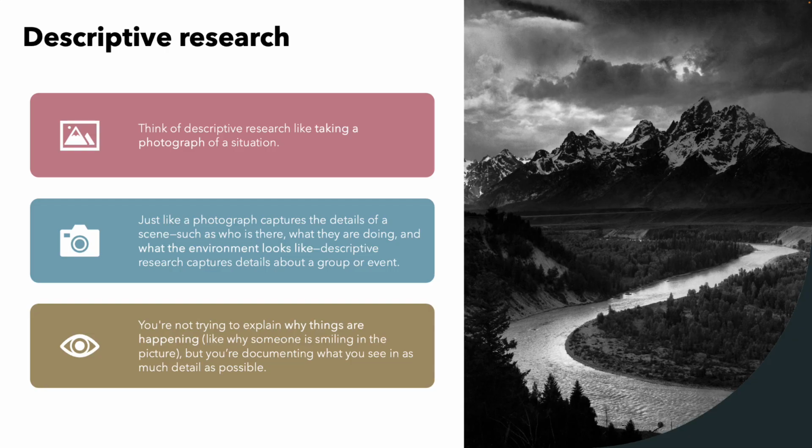But if you wanted to take this picture and turn it into an experimental research, well, what do we have here? We have snow caps, we have mountains. It looks like we have a river of sorts. We have lots of trees. So let's say I am an experimental researcher and I want to now manipulate a variable. And one of those variables I could introduce is I'm going to introduce a match.